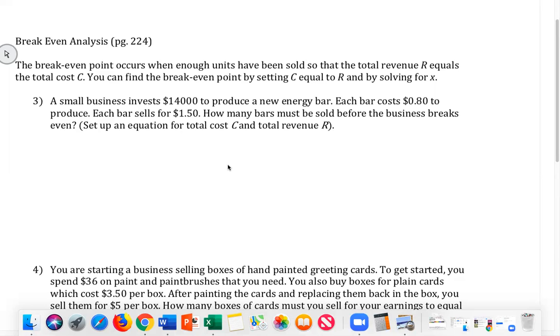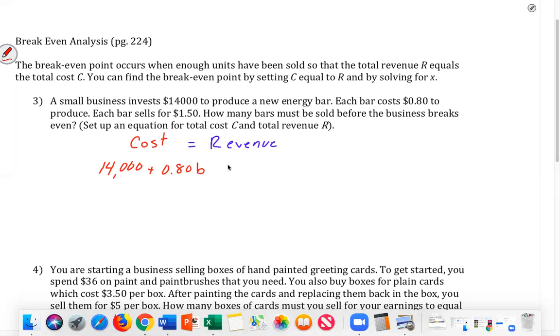All right, so on one side we have our cost. And we want to know, when is that equal to our revenue? So we're looking for this. Now my cost is, well, it cost me $14,000 to start up, and then it cost me 80 cents a bar to make.